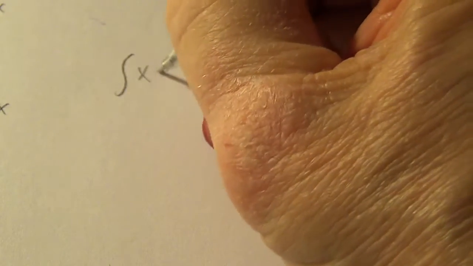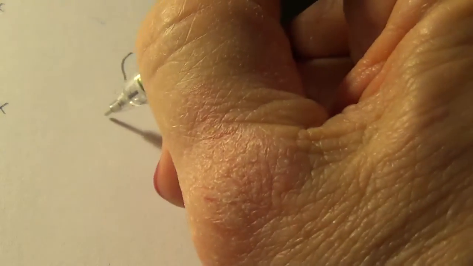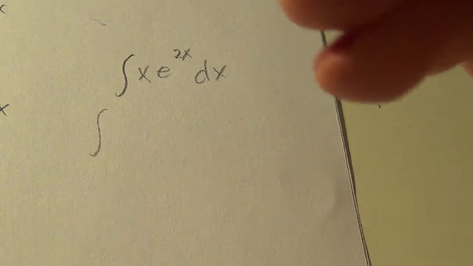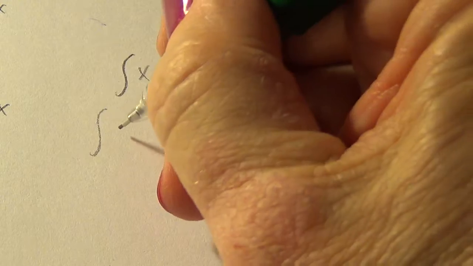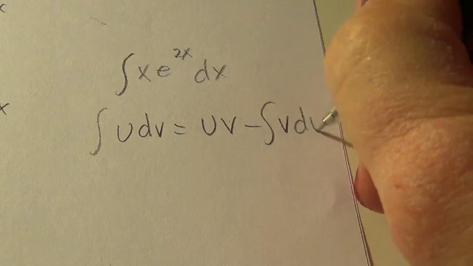So let me write it again. The integral of x e to the 2x dx. And the formula that we're going to use is the integral of u dv equals u times v minus the integral of v du.